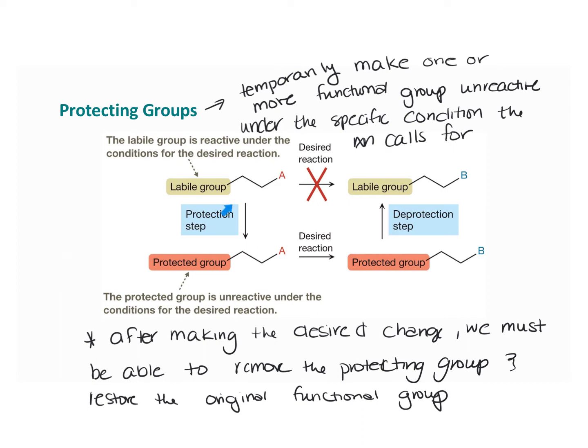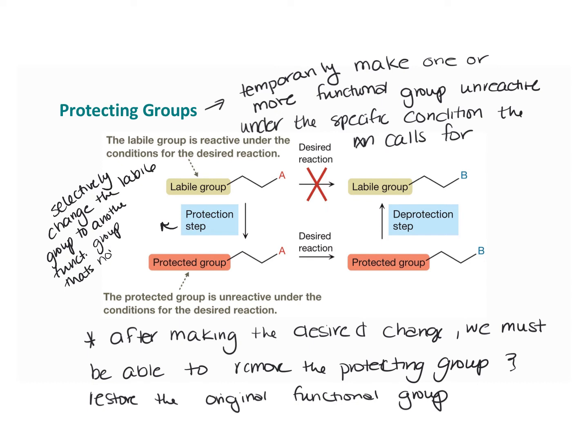And so we can work around it by incorporating a protection step, and all this protection step does is selectively change the label group to another functional group that's not reactive, okay, in this reaction.